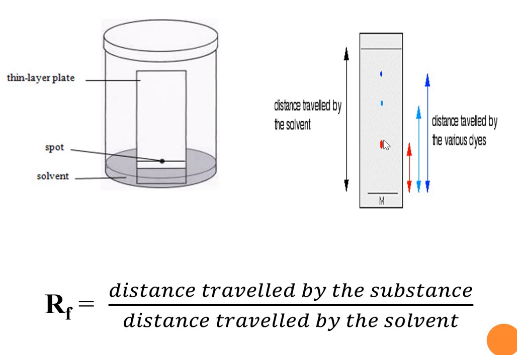This method of chromatography can also be used to identify the type of substance in a mixture. One method we use to do that is a concept we call the retention factor, or RF. It is calculated by the distance traveled by the substance over the distance traveled by the solvent.